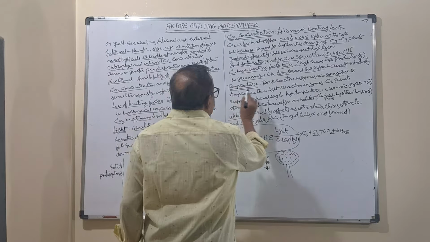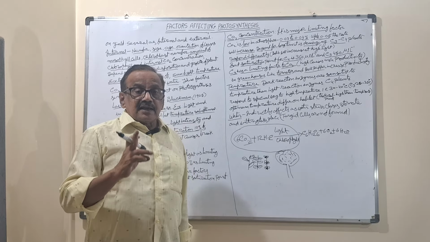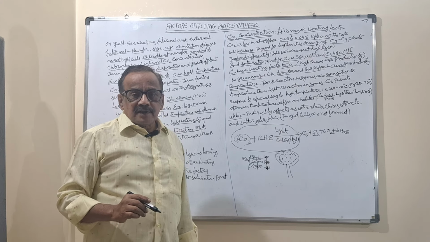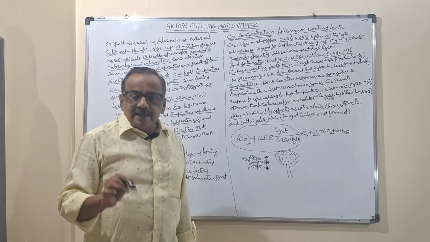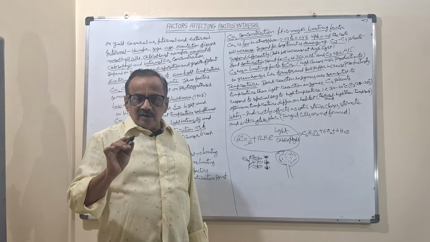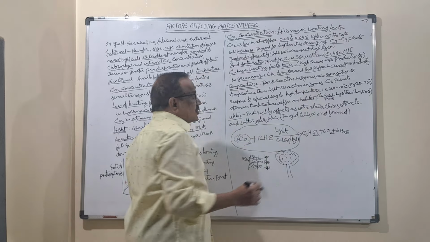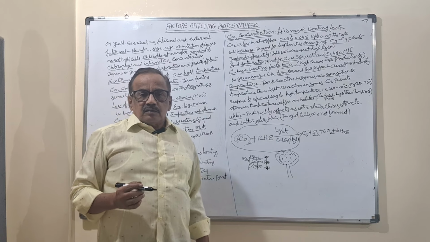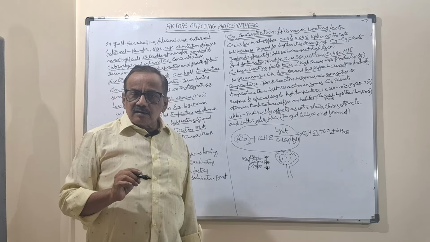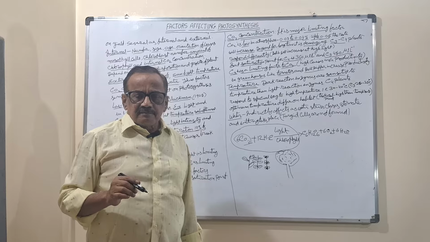Now we will see the temperature. Temperature affects the enzyme activity of the chloroplast contents differently. Dark reaction enzymes are sensitive. The dark reaction takes place in the stroma, where many enzymes participate in the Calvin cycle.